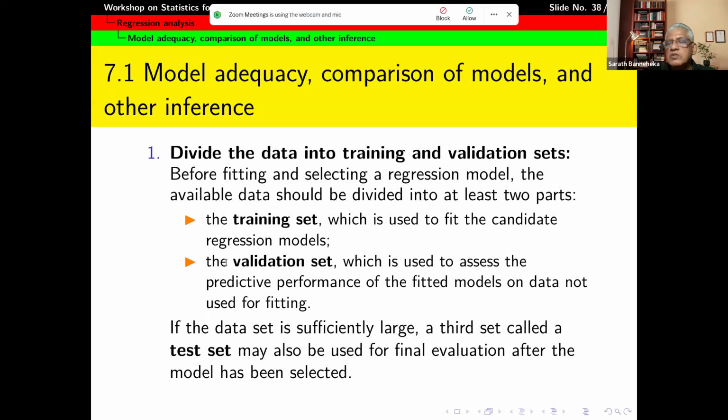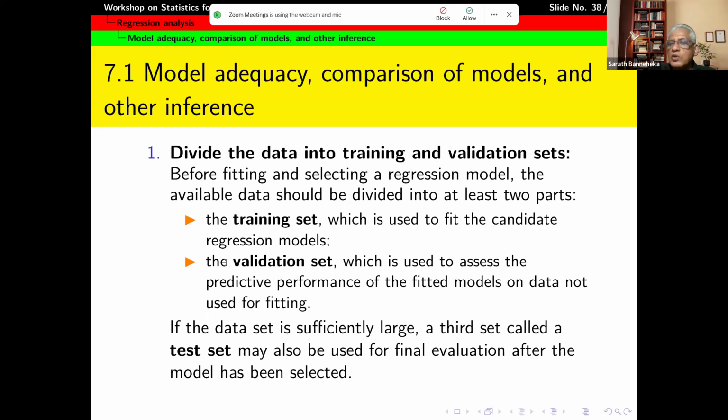If the number of variables increases, the number of observations should also be large because you'll have to estimate several parameters using the data. Anyway, when you are fitting a model, usually it's good if you can divide your data set into two parts called training set and validation set, where you use the training set to fit the model and then the validation set to validate the model.